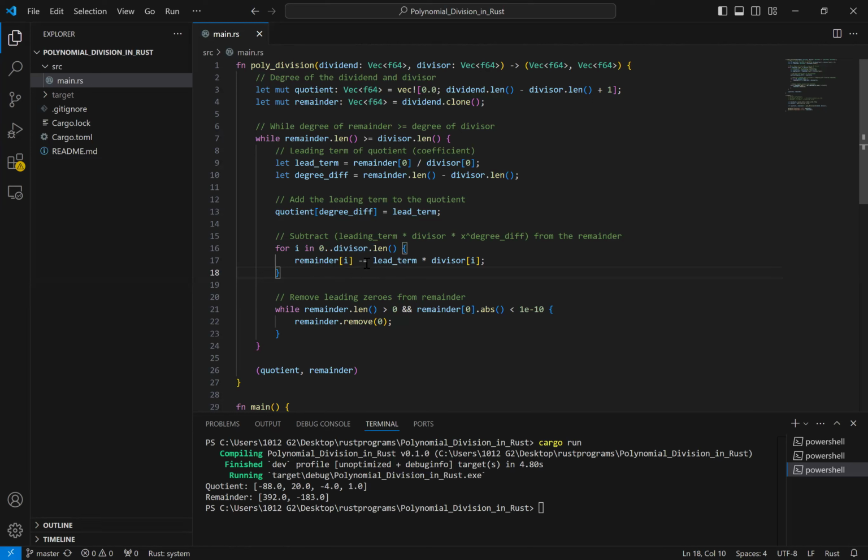So subtract, and there's a minus here. So what you get as the remainder is this result, then subtracted from the dividend. That's what you get as the remainder.